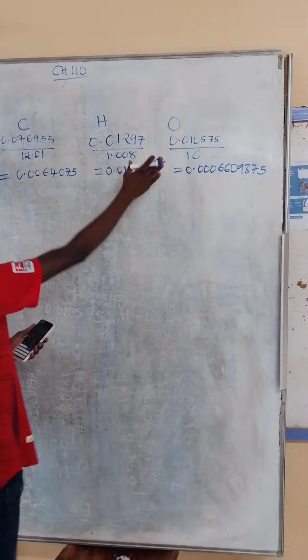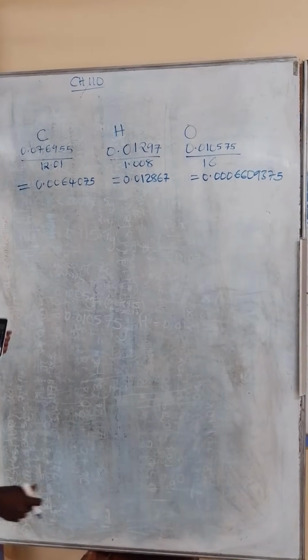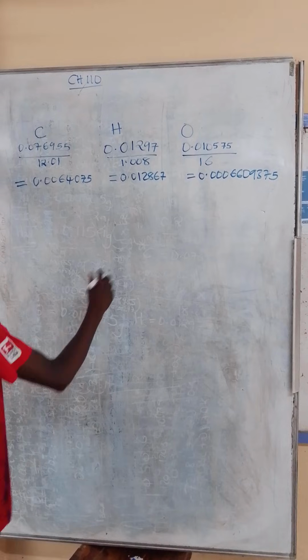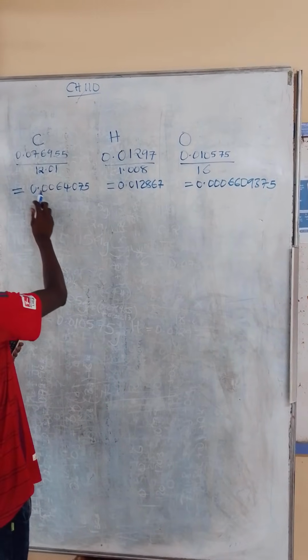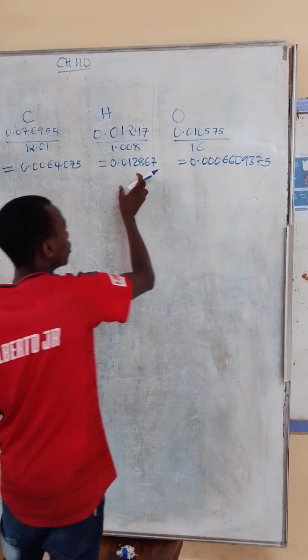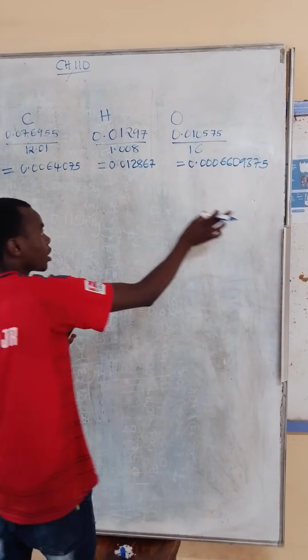From here, we are going to divide everything by the lowest number. This one is less than the others, so automatically this is the smallest number, and we are going to use this one.